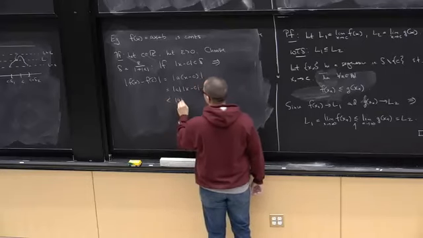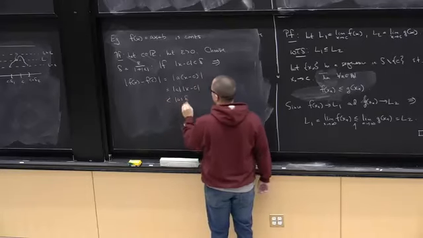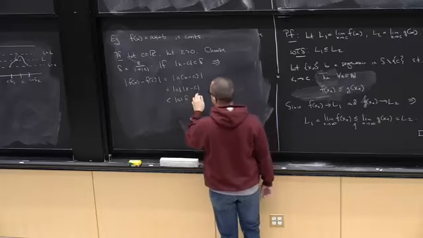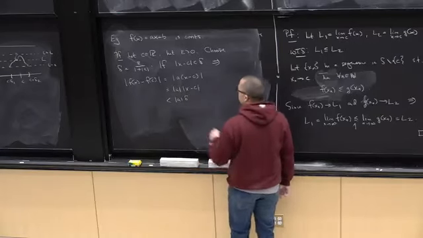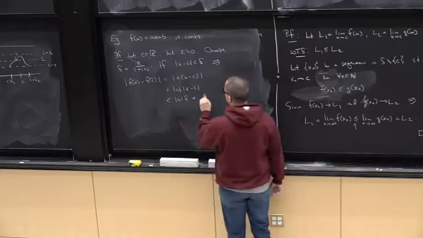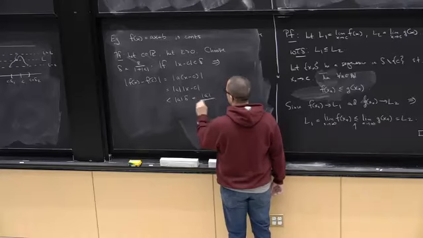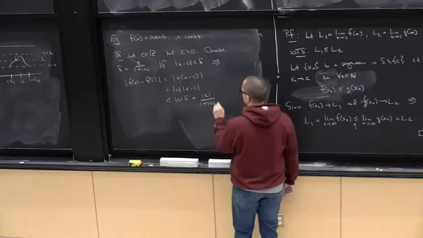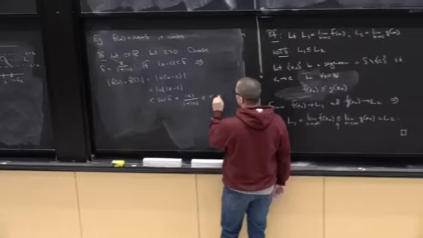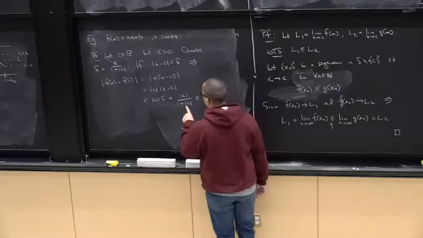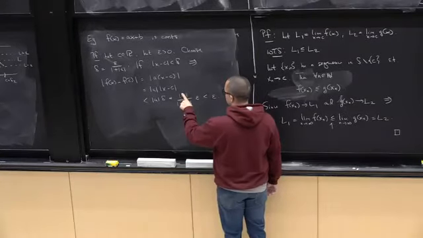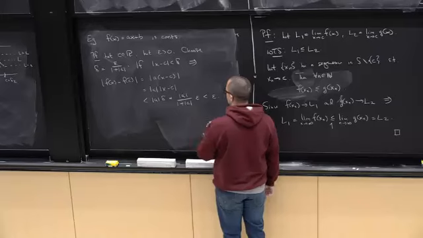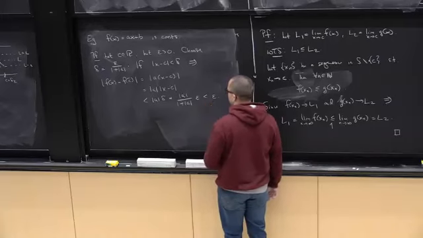This is less than delta times |a|, which equals |a| over 1 plus |a| times epsilon, which is less than epsilon. Okay? Because a number over 1 plus that number is always less than 1.